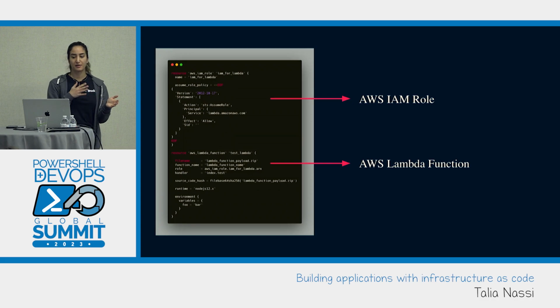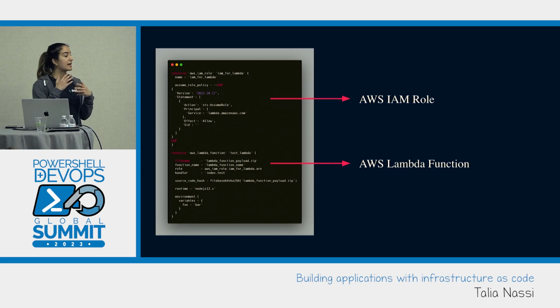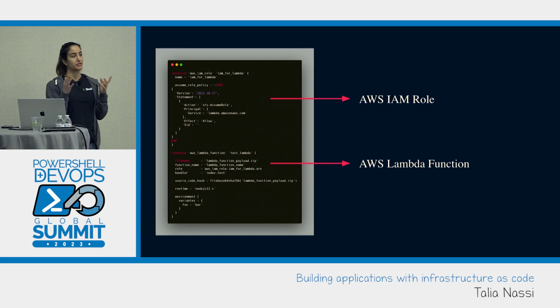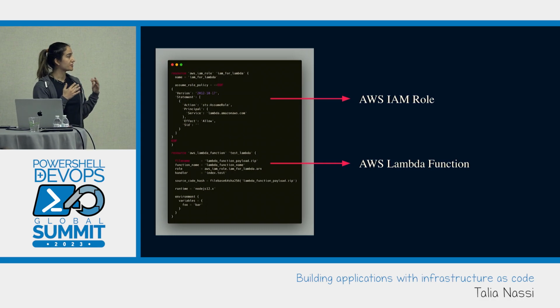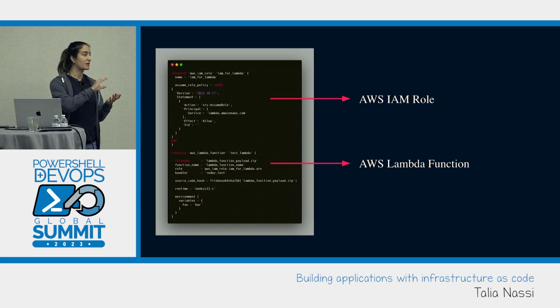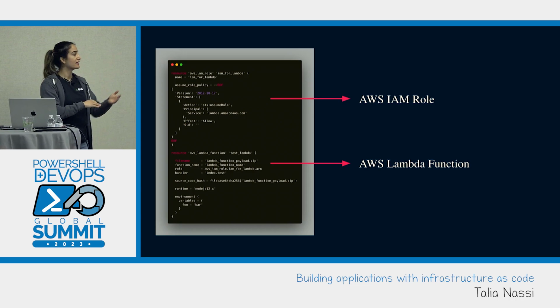This is an example of a configuration file, and configuration files are declarative, which means that they describe the end state of your infrastructure. With whatever cloud provider you're using, with whatever infrastructure as code tool you're using, when you write resources in your configuration file, you're writing the end state. So I'm not going to say this is how you create this Lambda function.